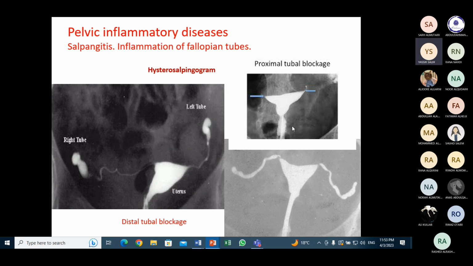Okay, please comment on or report this one. How to report this? What do you see? There is a blockage. Yes. In which side? Proximal tubule. Yes. How about the uterus?